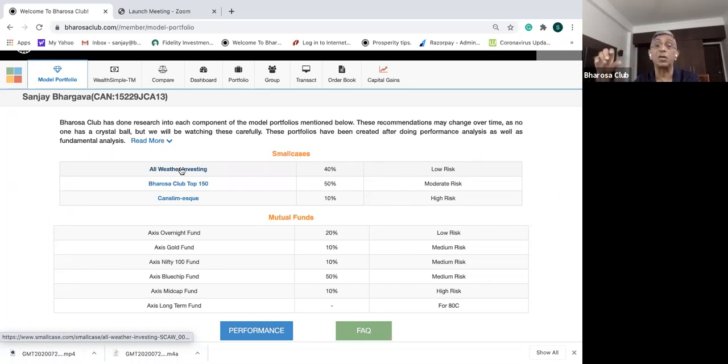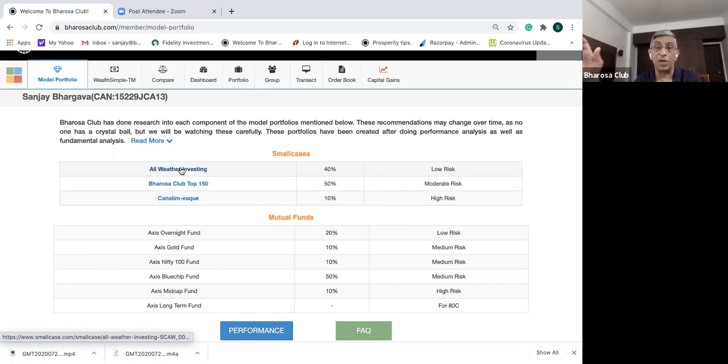If you are highly risk averse, then you could increase your low risk, reduce your moderate risk, and not invest anything in the high risk. While if you're very aggressive, then you could reduce your low risk and invest more in the high risk or moderate risk.